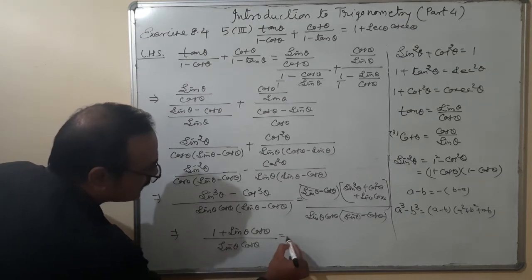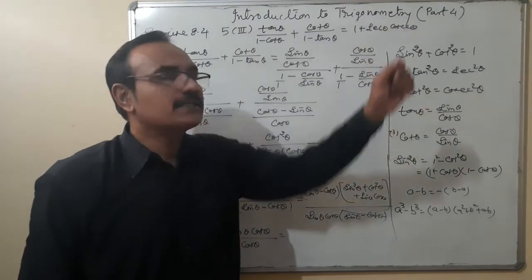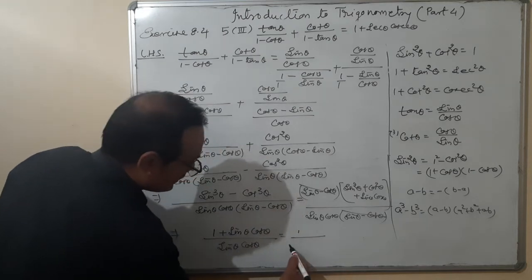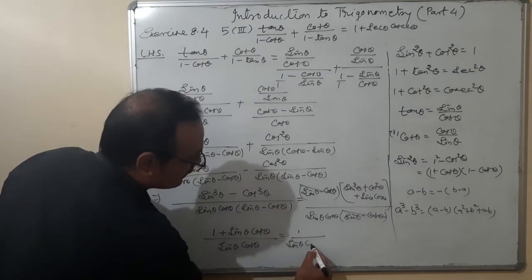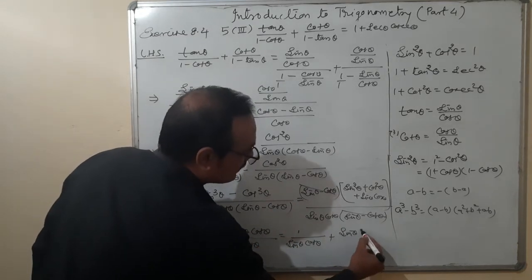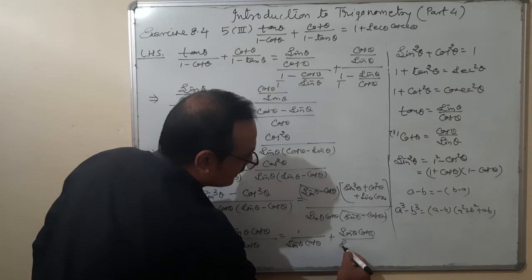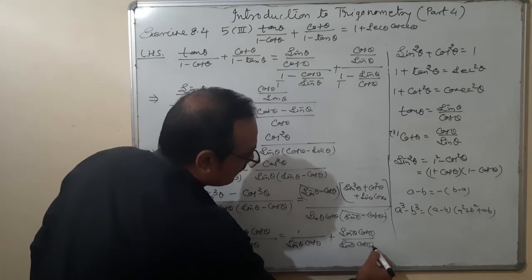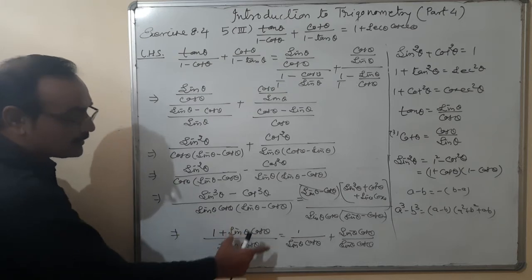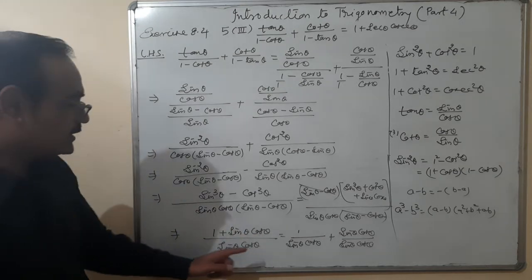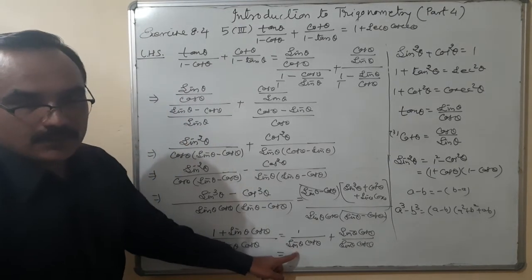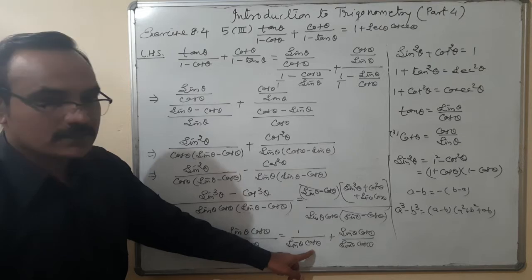Now see the right hand side term, that is 1 plus sec theta into cosec theta. So I can write here 1 upon sin theta cos theta plus sin theta cos theta upon sin theta cos theta. Because the denominator has a single term, it can be written as 1 upon this plus this term upon this term also. 1 upon sin cos, the reciprocal of sin is cosec and the reciprocal of cos is sec.